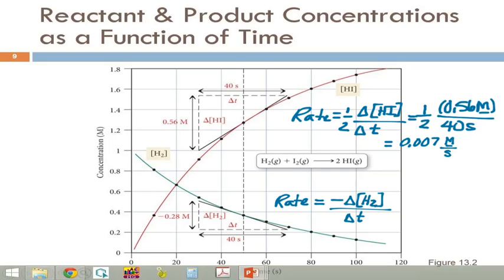The coefficient for the hydrogen is 1, and so we don't have to mess with that. So then the change, we got negative 0.28 molar divided by 40 seconds. So we have a negative, negative, so that ends up being a positive, and that comes out to be the same thing. Molarity per second.